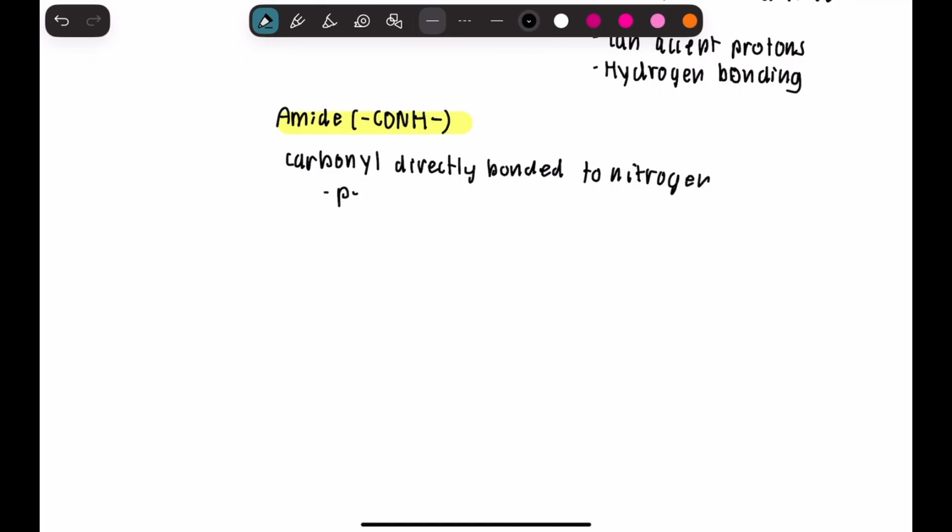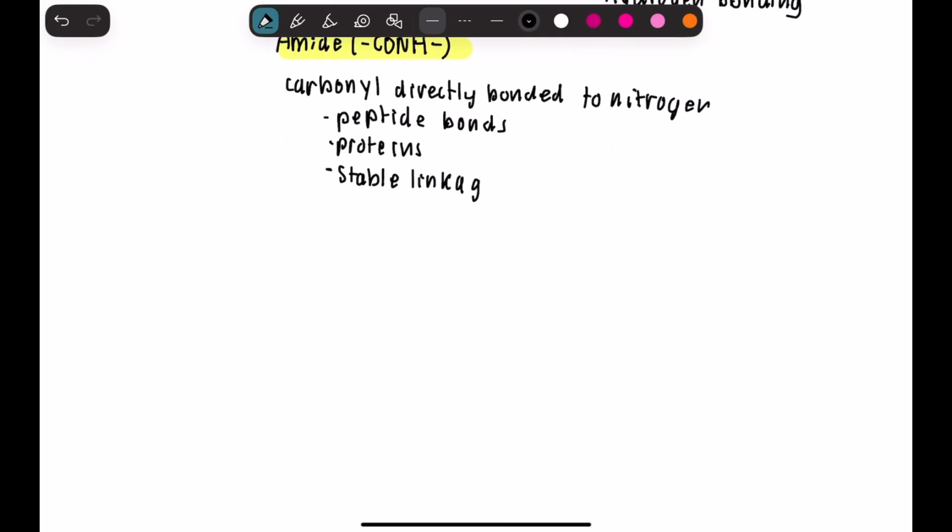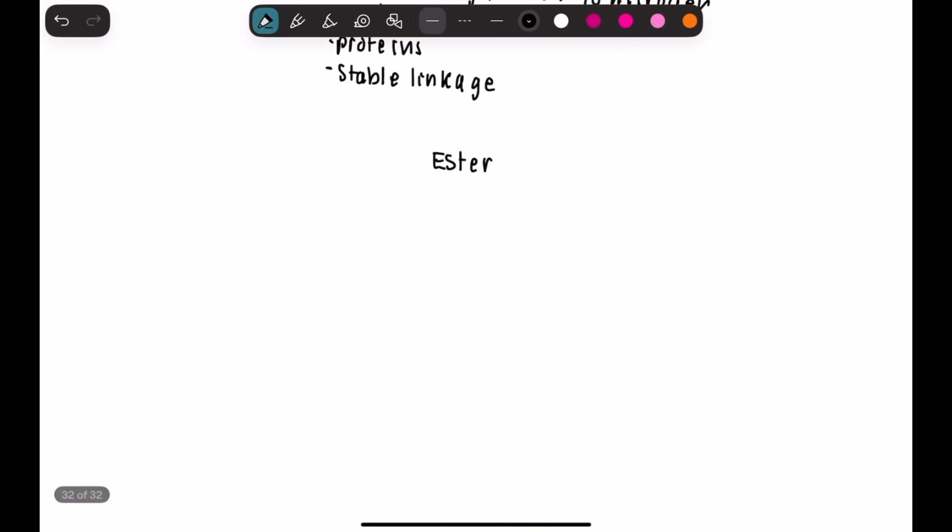This is usually found in peptide bonds, in proteins, and in stable linkages. Now, let's talk about ester. For ester, this is a carbonyl plus the oxygen linking two carbons.